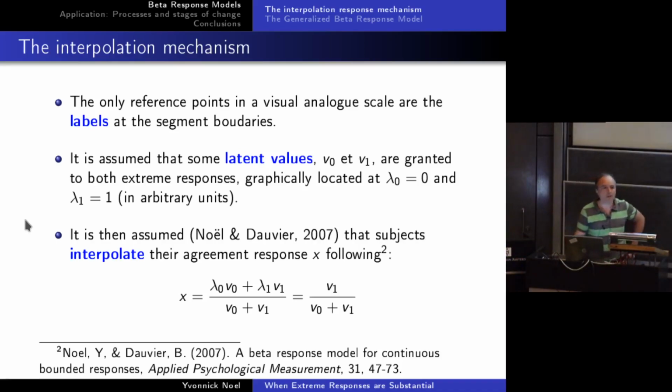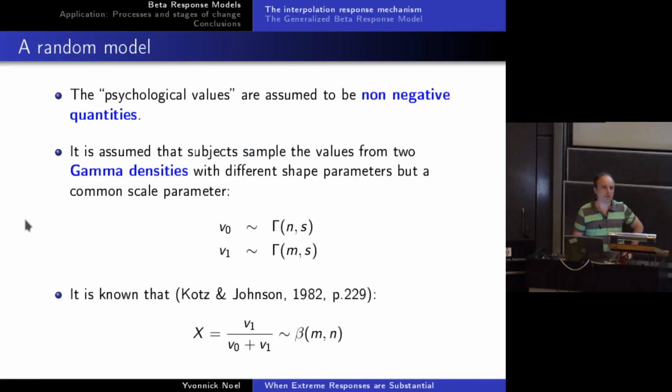So if we assume that those psychological values are non-negative quantities, then it's quite natural to assume that, for instance, those values are drawn from a gamma distribution.